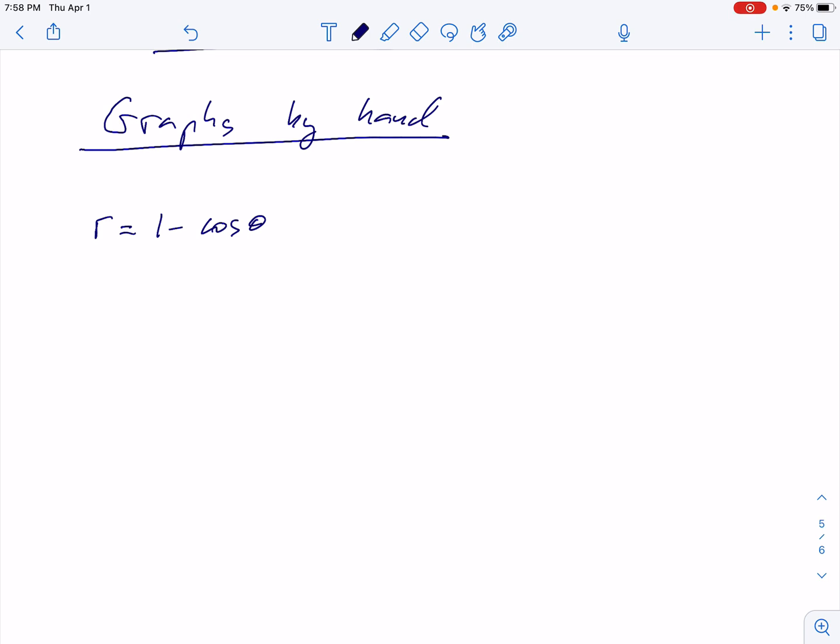Well, I shall make a table where I shall assign values to theta and r. We're moving theta and constructing the radius, starting from 0, that's very natural. When theta is 0, cosine is 1 and the radius is 0. So we are at the origin.